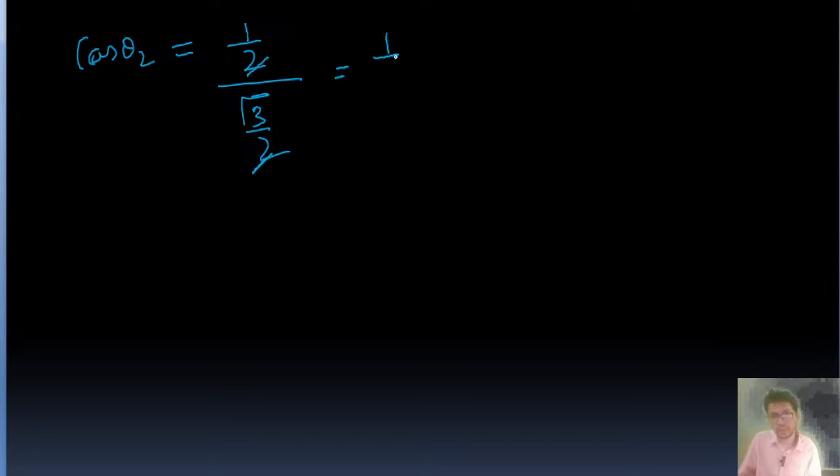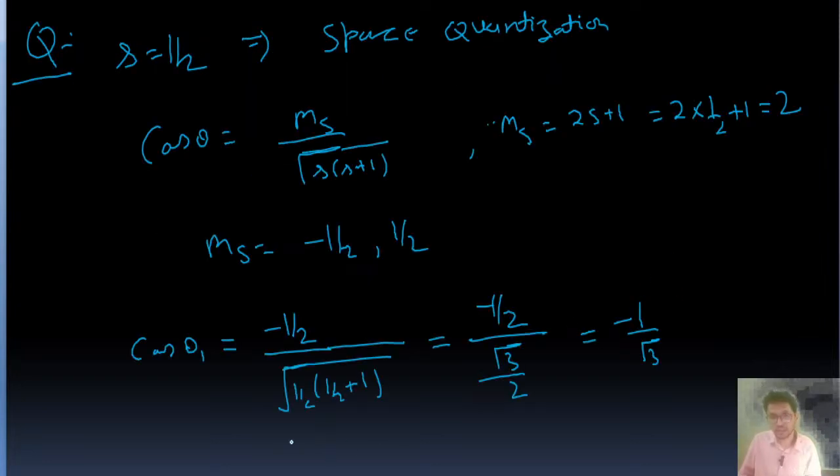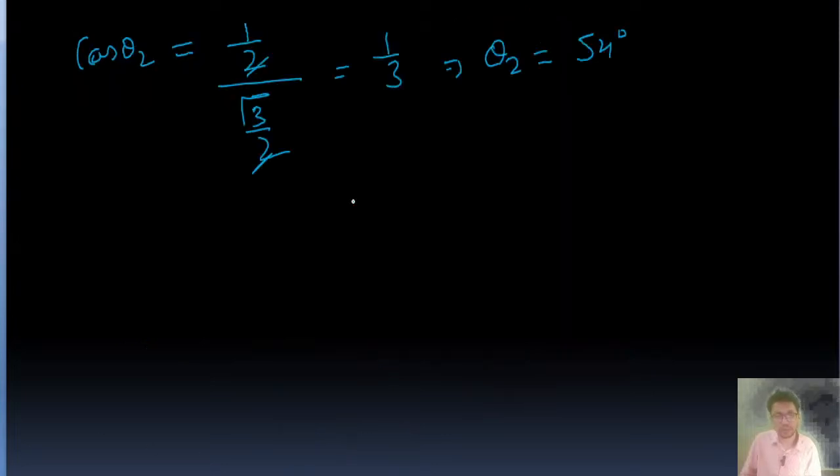So this is 1 by root 3, so theta 2 value is going to be 54 degree. And theta 1 we have found, theta 1 value is 125. Okay, so these are the values of theta 1 and theta 2.